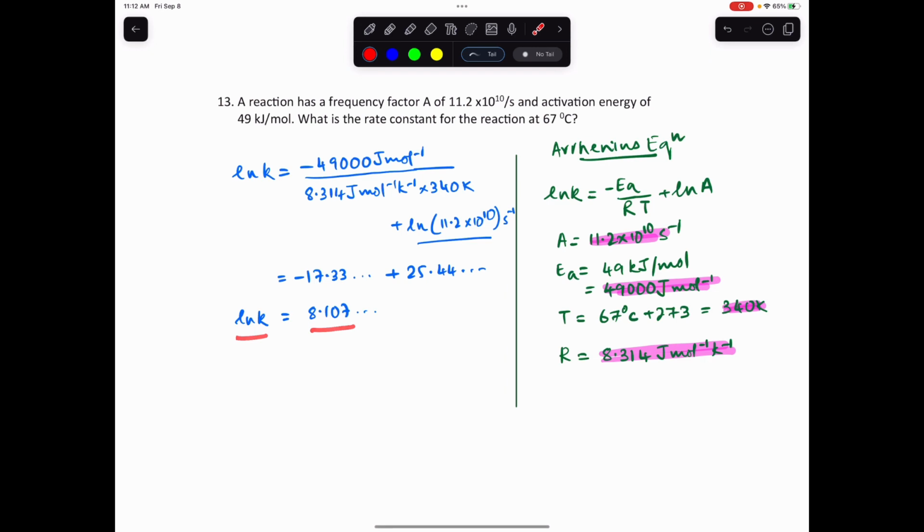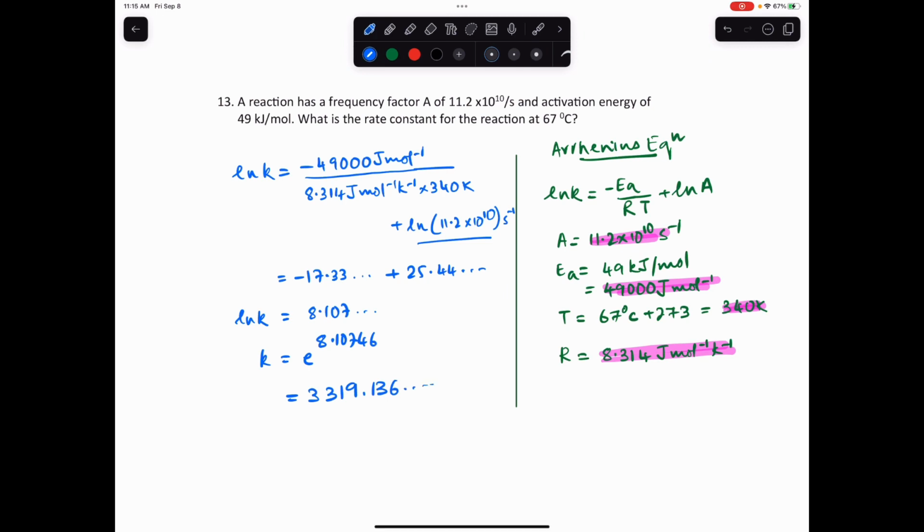To find what k is, we have to take the anti-log. The anti-log would be k is equal to e raised to 8.10746, and this is equal to 3319.136, and continues.